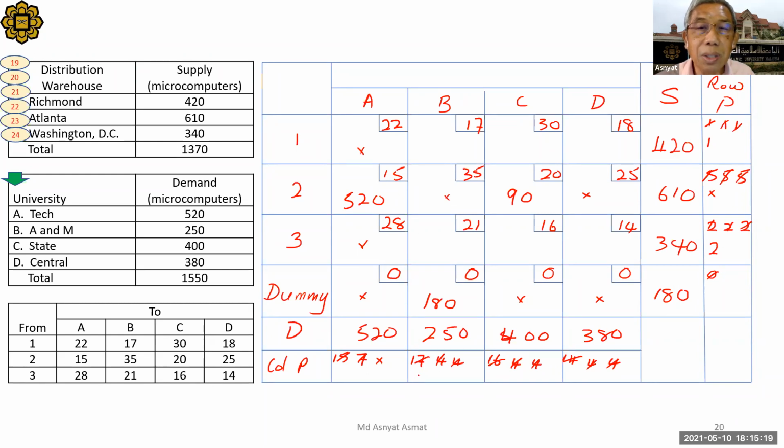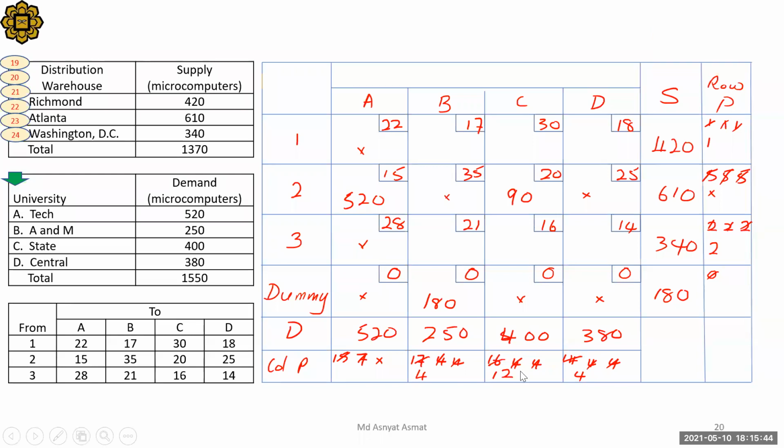Column penalty, column B: 4. Column C: 12. Column D: 4, still 4. Highest penalty? 12.